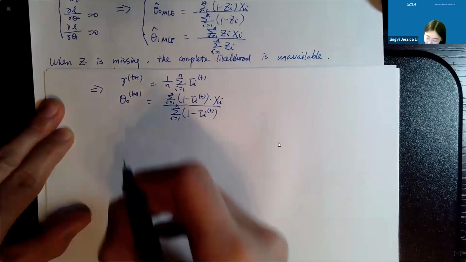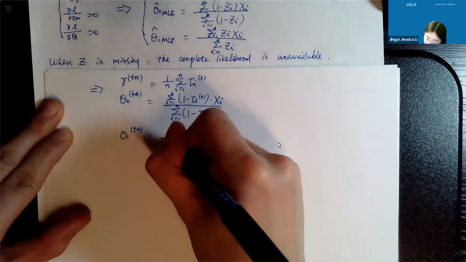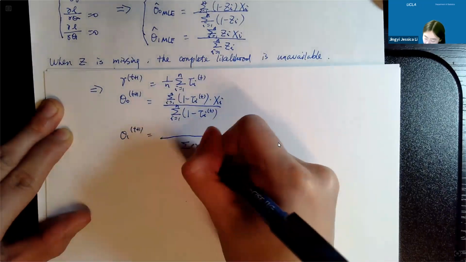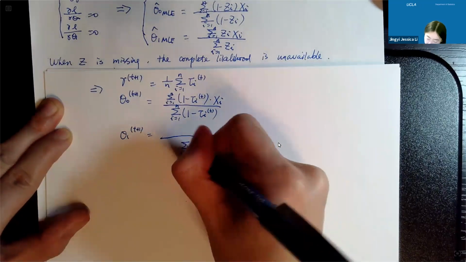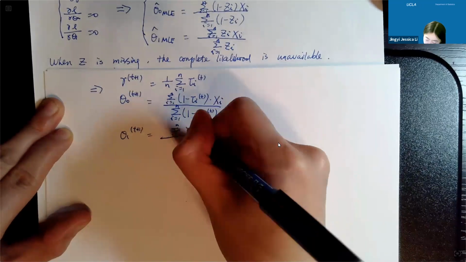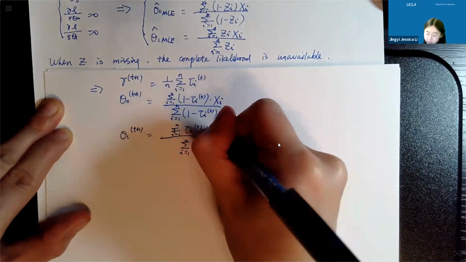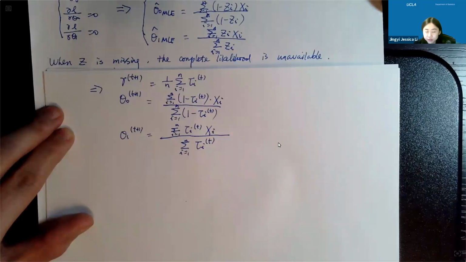And for theta 1, I'm going to update it similarly. In the denominator, I have the summation of tau it. In the numerator, I have the summation of tau it times xi. So you see, I get my next set of values for gamma, theta 0, theta 1.